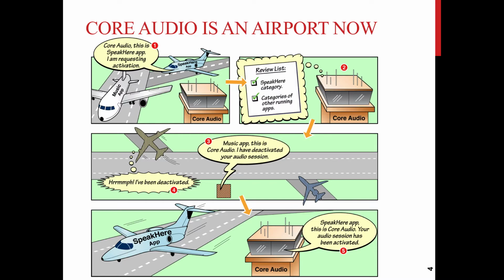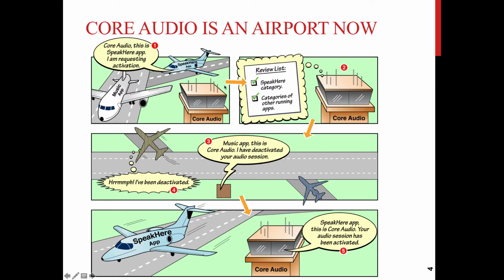This is a silly little cartoon from the textbook. It shows, for example, let's say you have a music app that's currently in the foreground, and the user is starting to launch up your telephone app called Speak Here in this example. Speak Here is going to register with the AV audio session and say that it wants to take control over the foreground audio, right? Once it becomes activated.